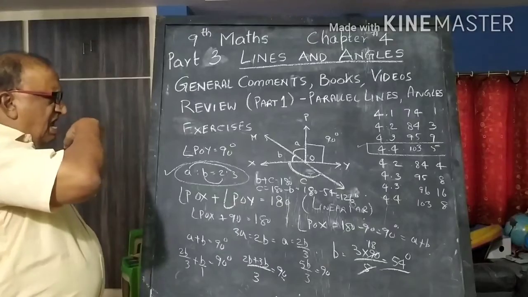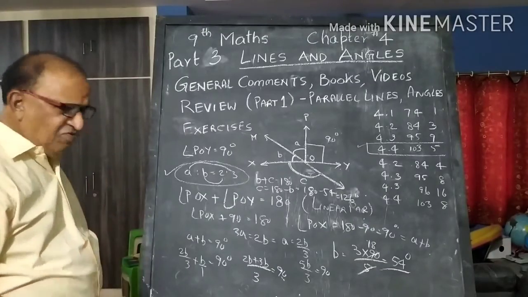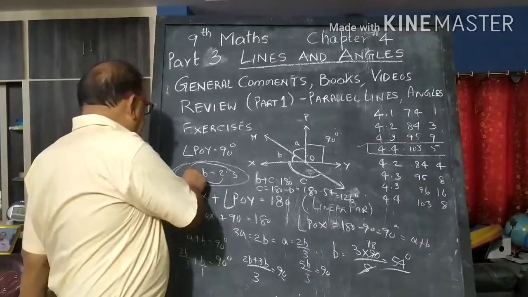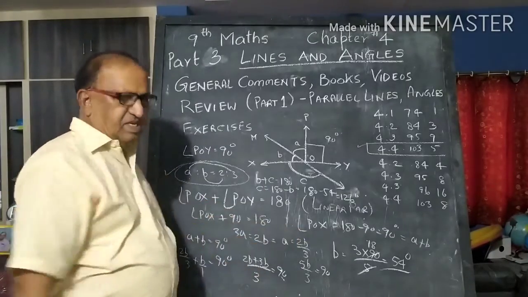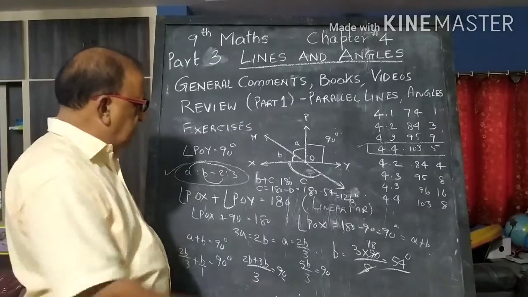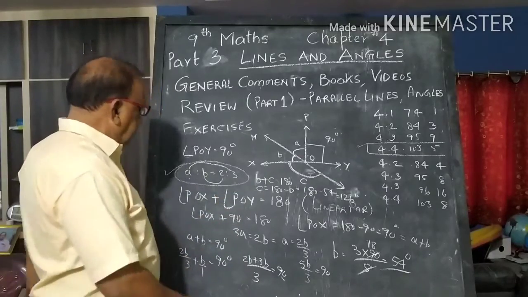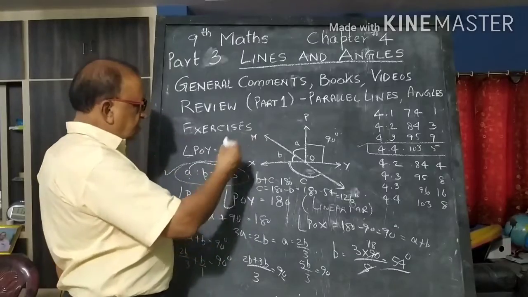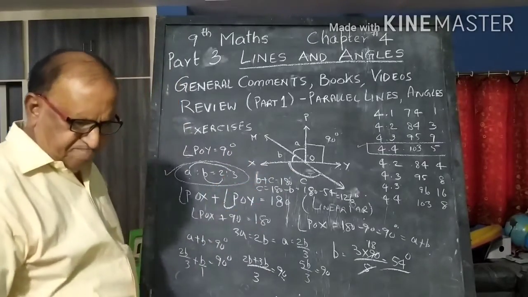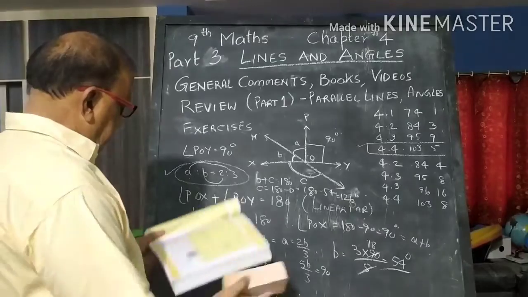So we found the value of one, A, in terms of B and substituted that in the equation A plus B is equal to 90. That's how we got the value. Instead, we could find A and then find B, but we found B relatively and substituted that here. Okay? Alright. Next problem is what?